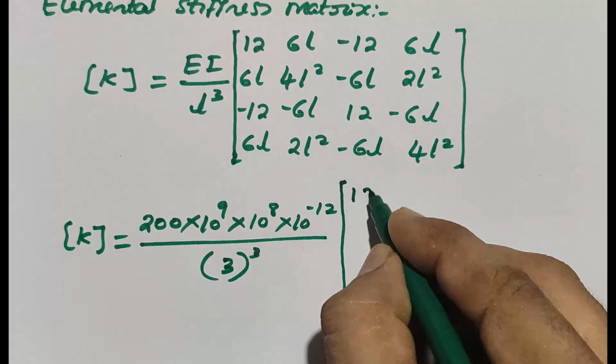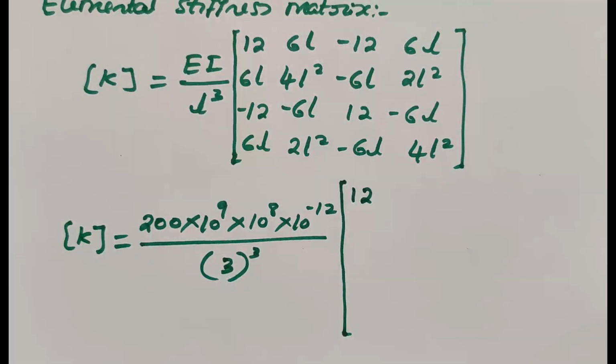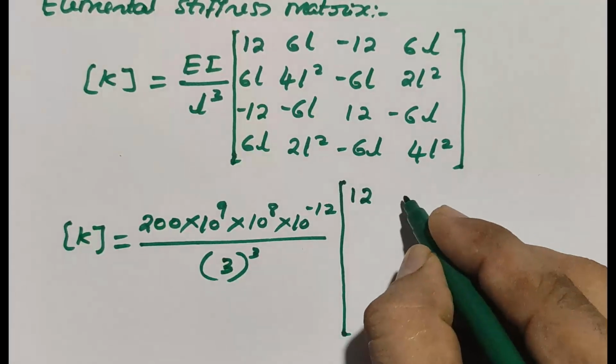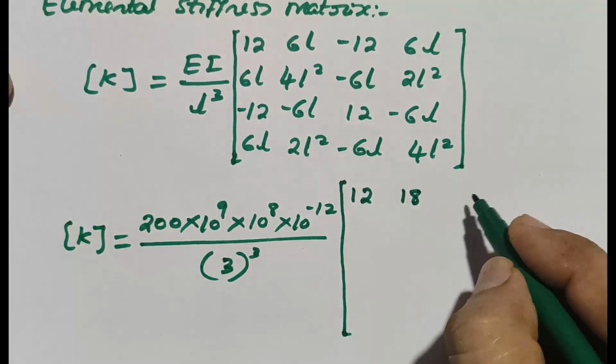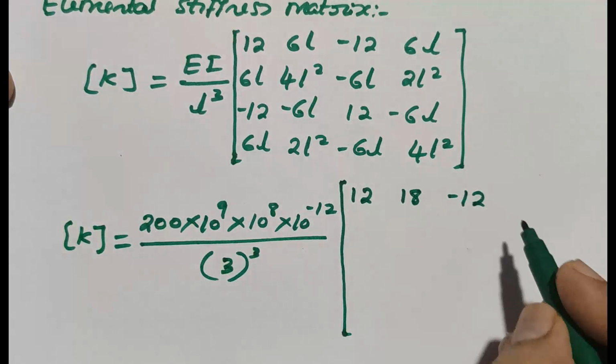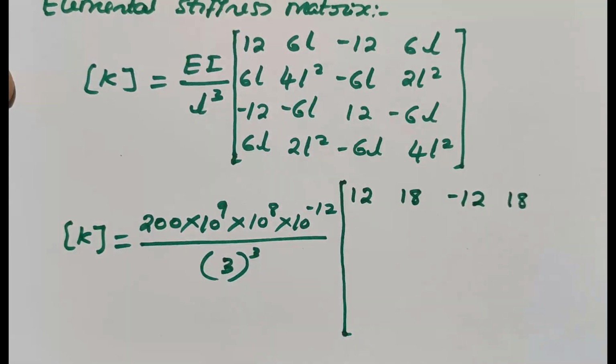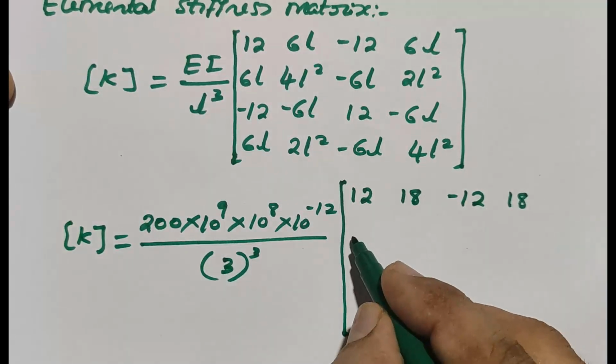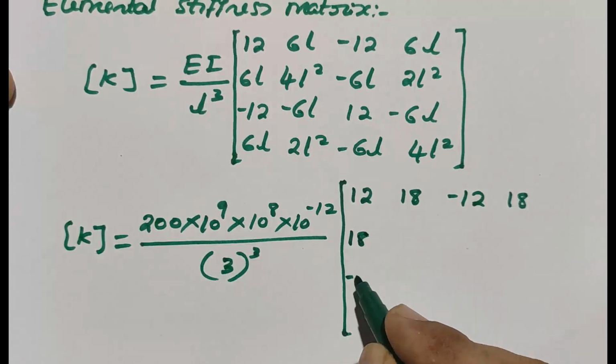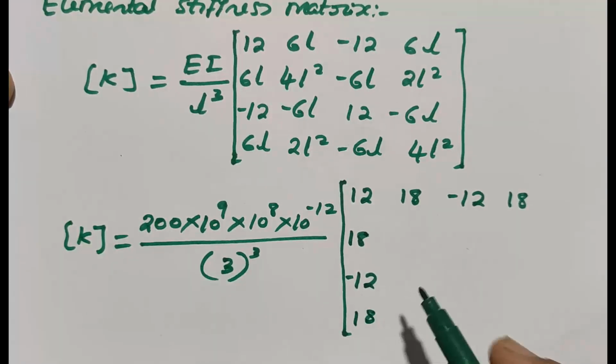12. 6L, here L is length, 6 into 3, it will be 18. Minus 12. 6L, 18. So due to symmetry, I can write the first column as 12, 18, minus 12, 18. Next 4L square. L square is 3 square, that is 9. 9 into 4, it is 36.